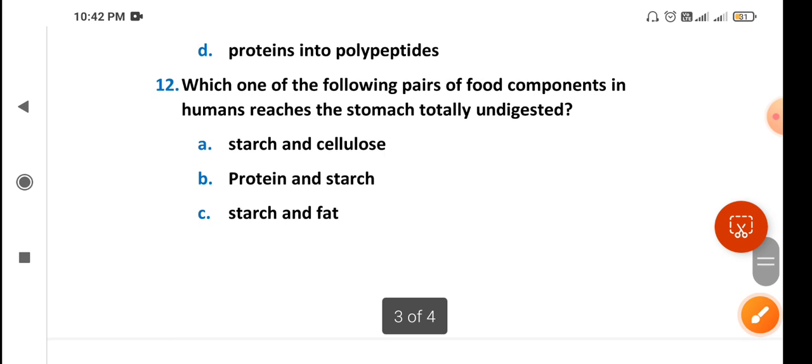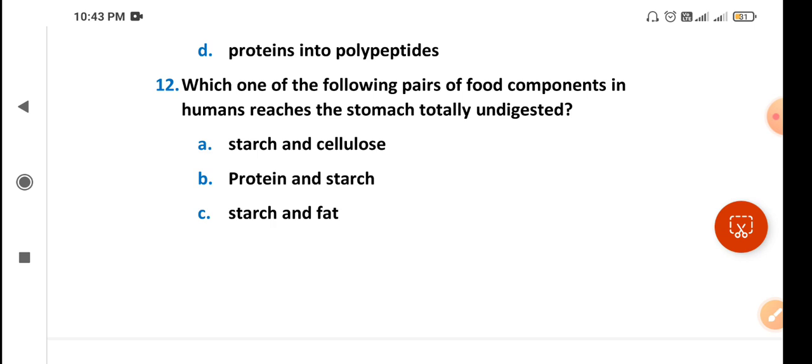Next question, which one of the following pairs of food components in humans reaches the stomach totally undigested? So first option is starch and cellulose.